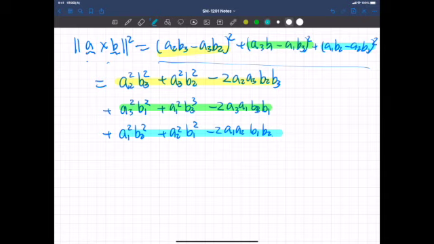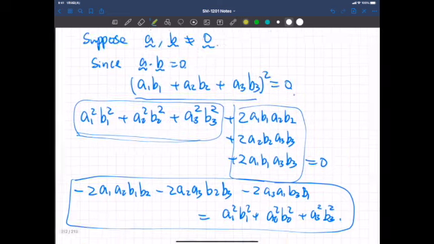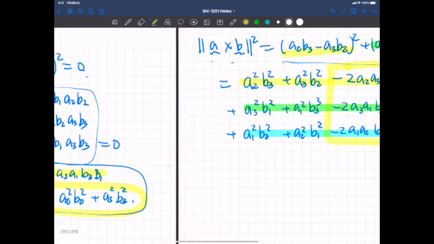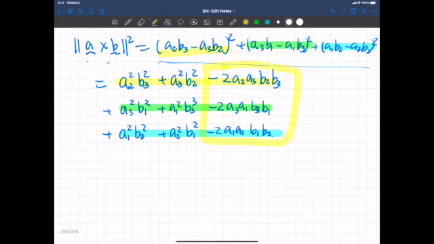Now look at this part. This part is the same as the left hand side, so we can replace it with this summation: a1 squared b1 squared plus a2 squared b2 squared plus a3 squared b3 squared. So let's replace this.